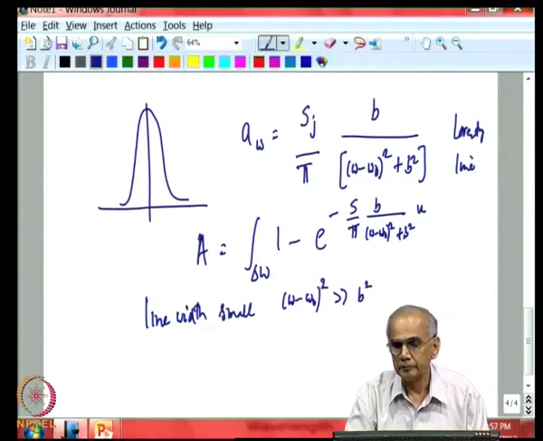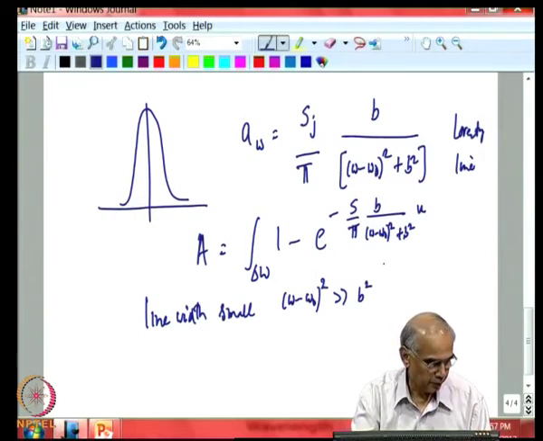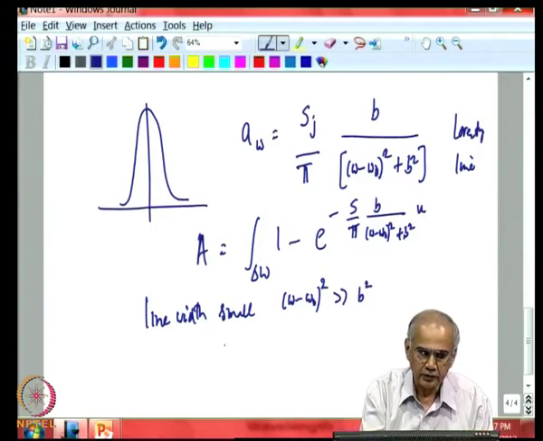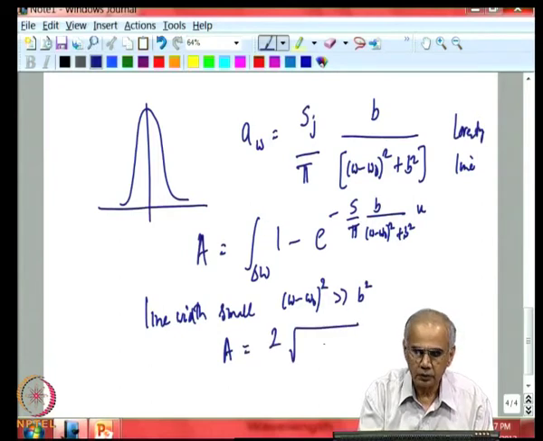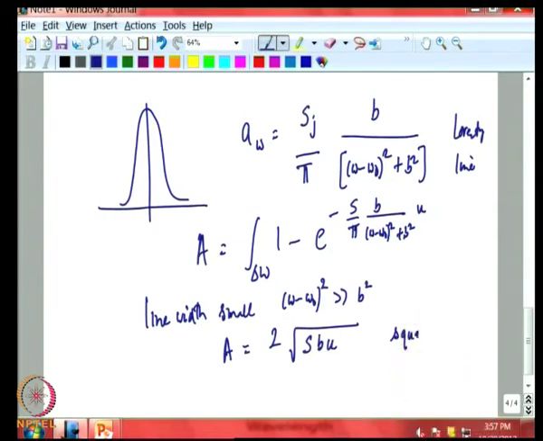Then we neglect this term, it does not contribute much. Then this integration can be performed fairly easily, and you get the following result, which is A is equal to 2 square root of S b u, and this is known as the square root limit.